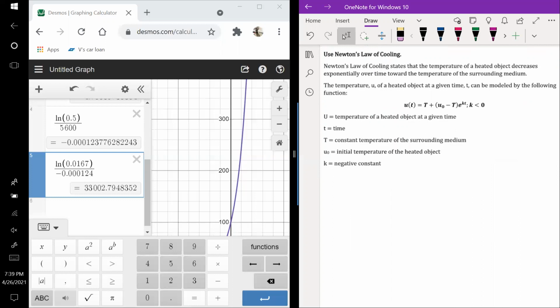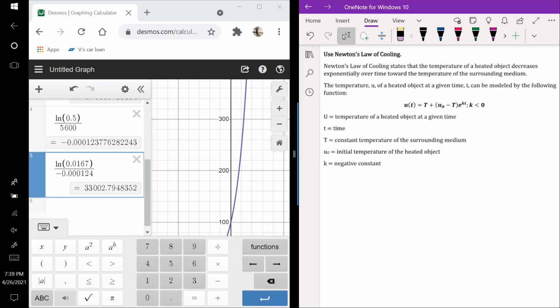The temperature U of a heated object at a given time t can be modeled by the following function: U of t equals capital T plus (U initial minus capital T) times e to the kt, where k is less than 0. The reason k is negative is because the heated object is decreasing towards a surrounding medium temperature.